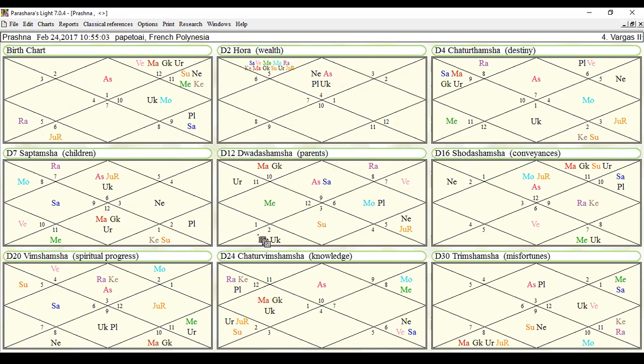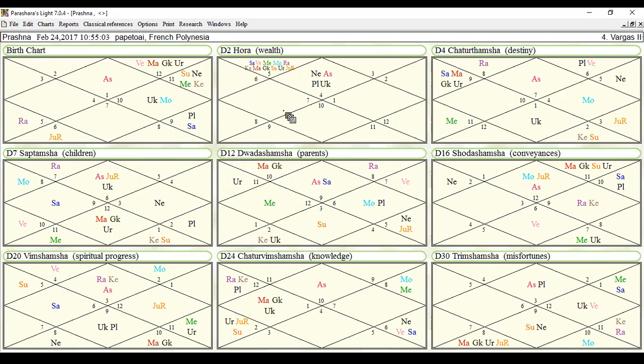So when you run a period of Ketu, let's say this is your chart, then one of your parents may in fact suffer some health problems or obstacles, because in the subchart of parents, that Ketu is in a negative house.